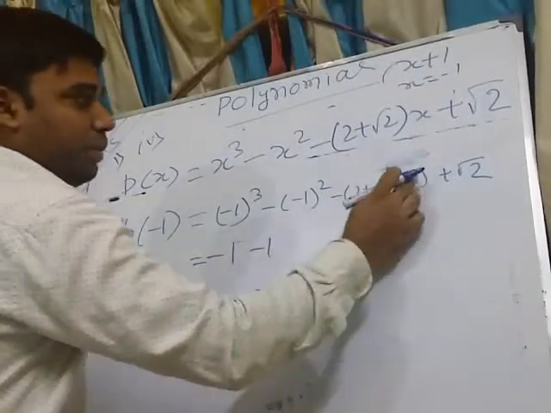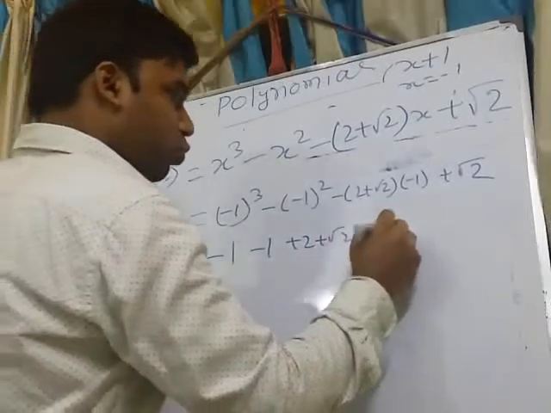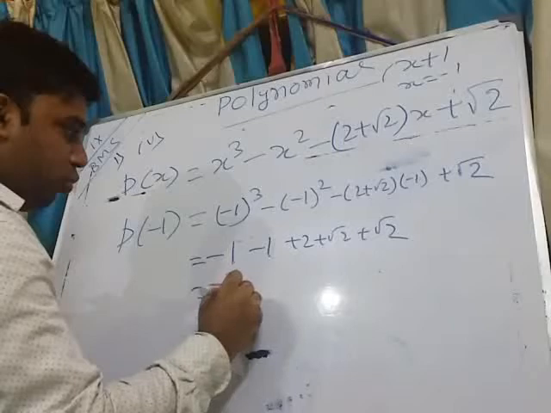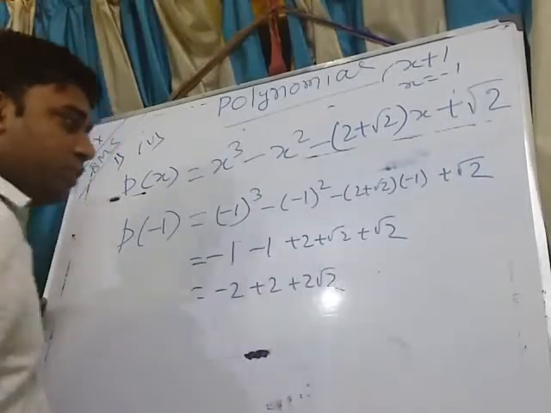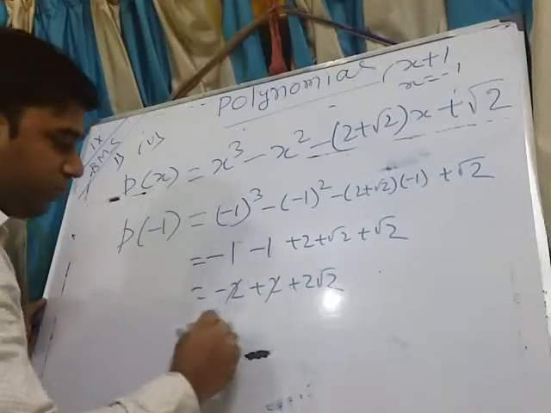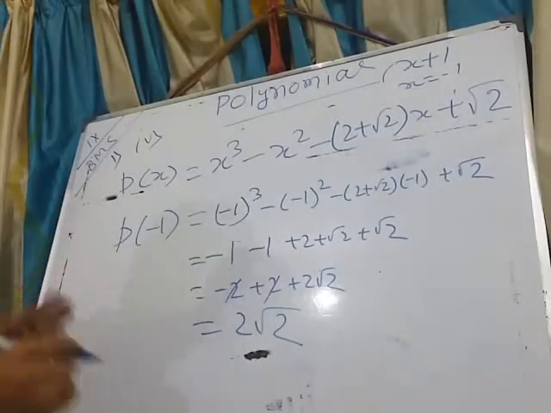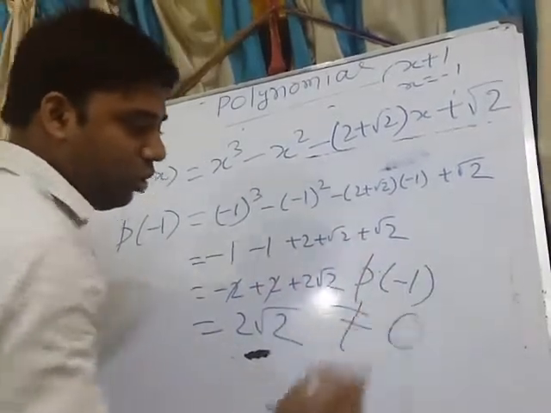Now minus minus becomes plus, so 2 plus root 2 plus root 2. So minus 2 plus 2 plus 2 root 2 gives 2 root 2. Okay, 2 root 2 means p of minus 1 is not equal to 0.